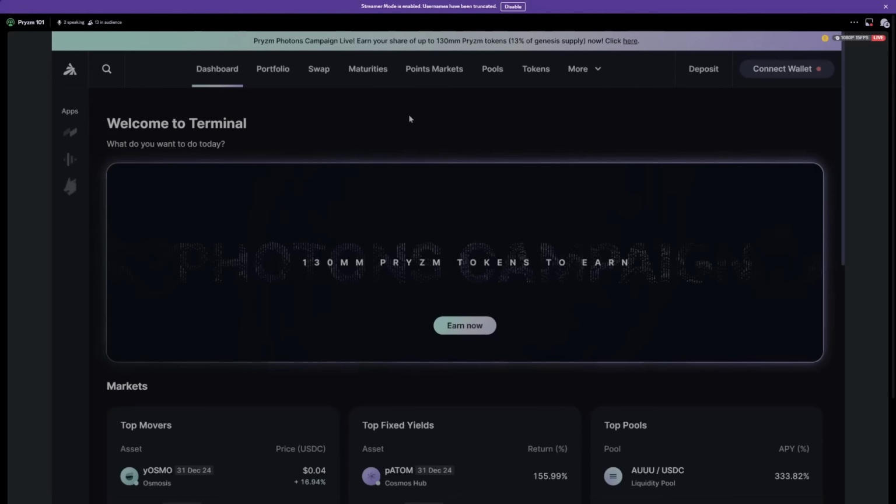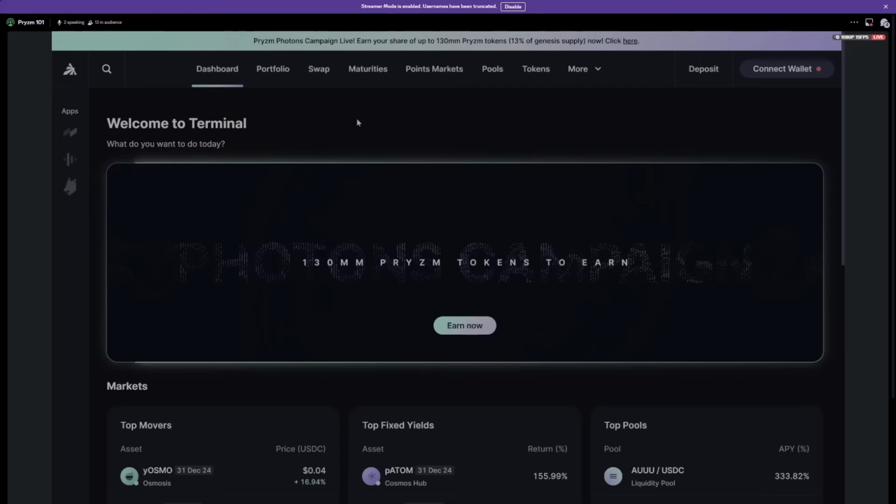Can you show quickly how I can transfer or receive some sort of liquid version of my staked Atom, how can I move it to Pryzm to buy P Atom?